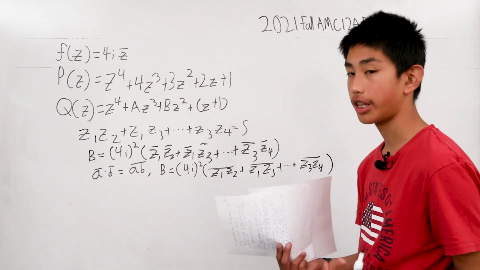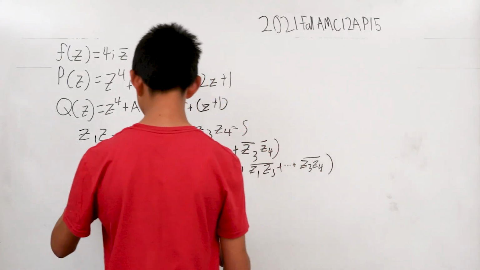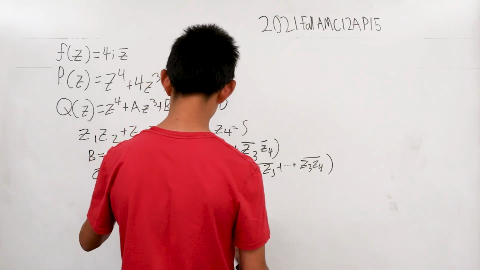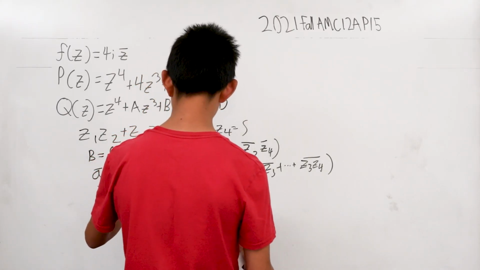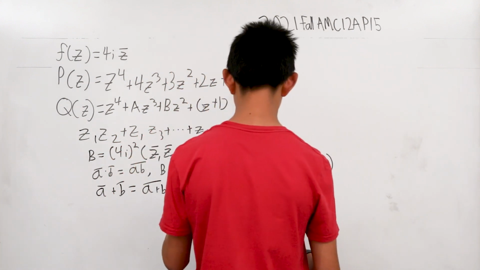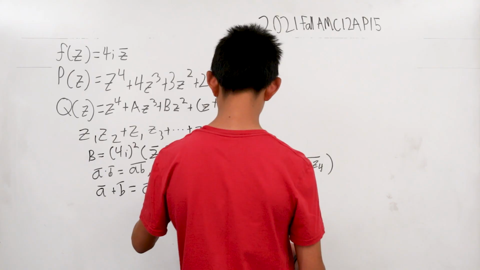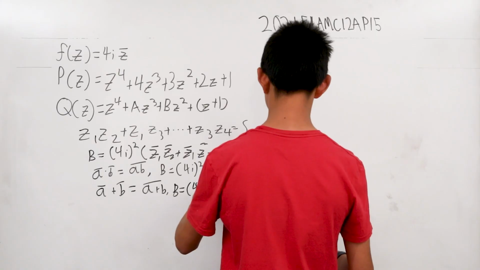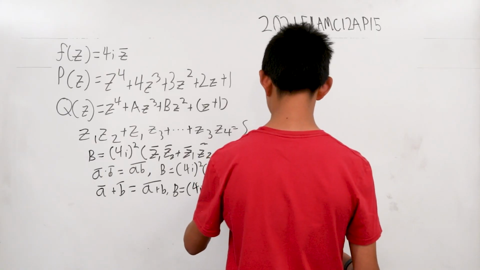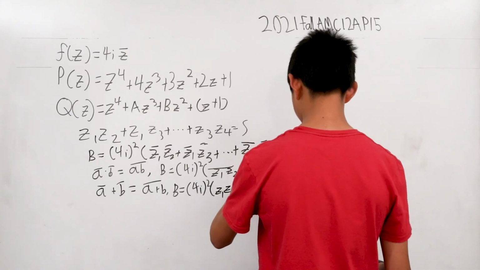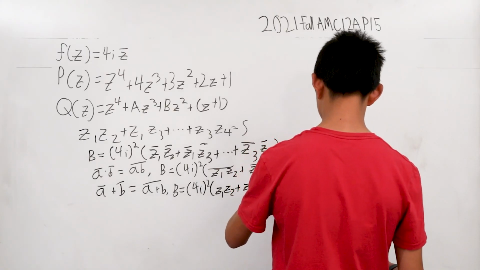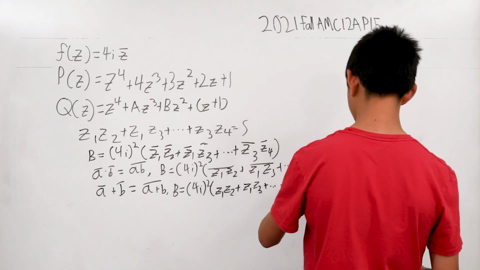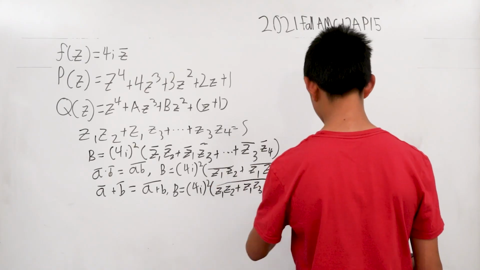Now, there's another property that we can use. As the conjugate of a plus the conjugate of b is equal to the conjugate of a plus b, we now know that b is simply equal to 4i squared times the conjugate of z1 z2 plus z1 z3, dot dot dot, and then plus z3 z4. And then you take the conjugate of all of that.